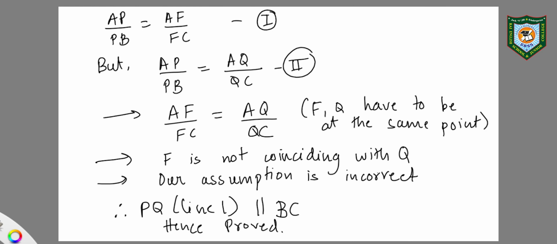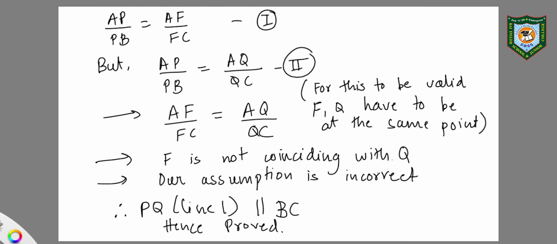This is how you can write your solution. Now one thing that you need to make sure you write here, for this to be valid, F comma Q have to be at the same point.